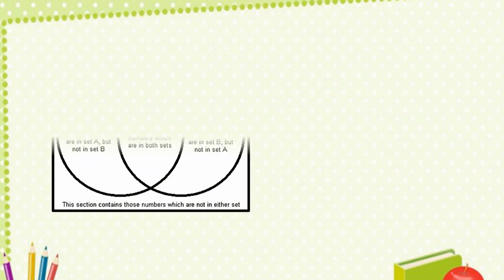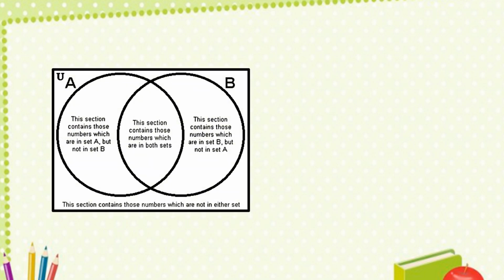Let's go to the recall of our two-set Venn diagram first. So what we have here is a two-set Venn diagram. As you can see, it consists of two overlapping circles.